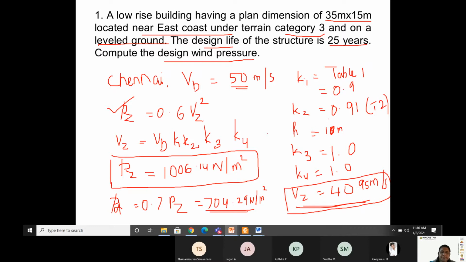From the design wind pressure you can calculate the wind load also.